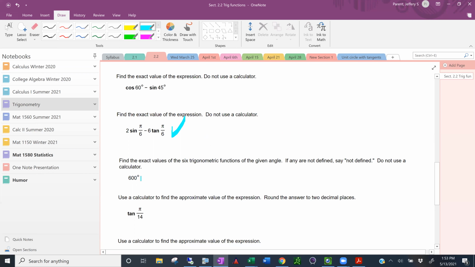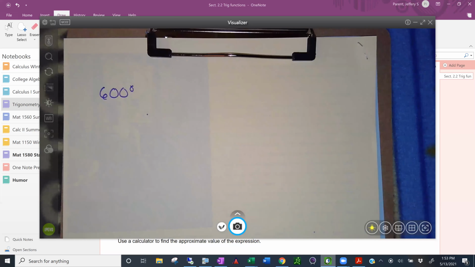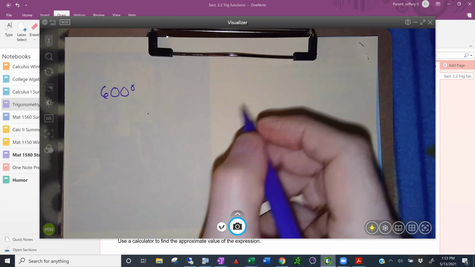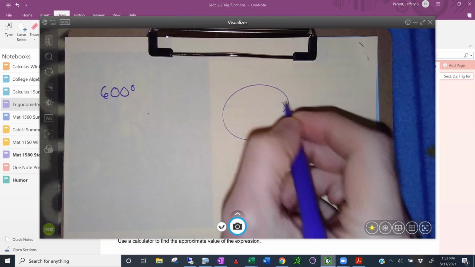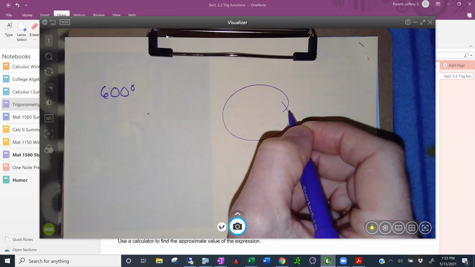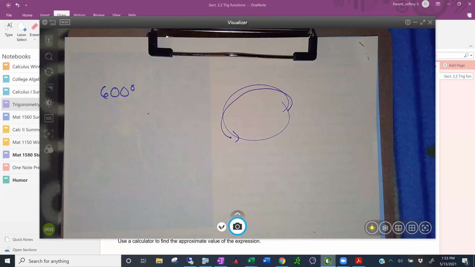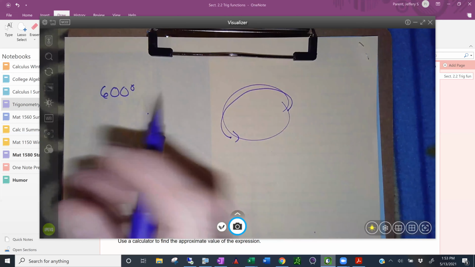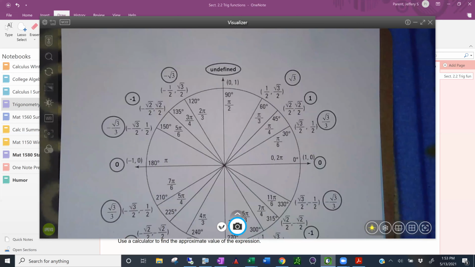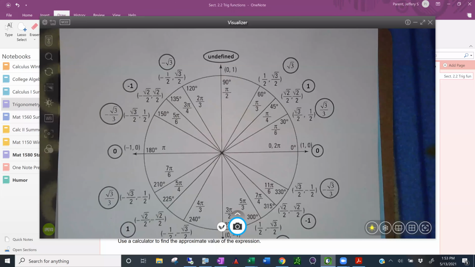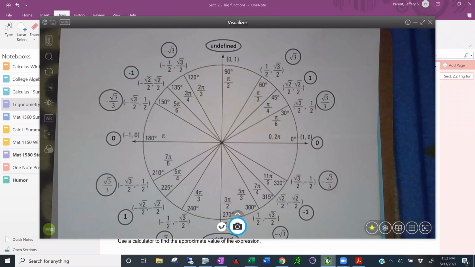In any case, 600 degrees is our angle, but you should realize something about 600 degrees. 600 degrees is more than once around the unit circle. So where are you at on the unit circle? I mean, I don't see 600 here. How would I figure out what kind of angle that corresponds to?